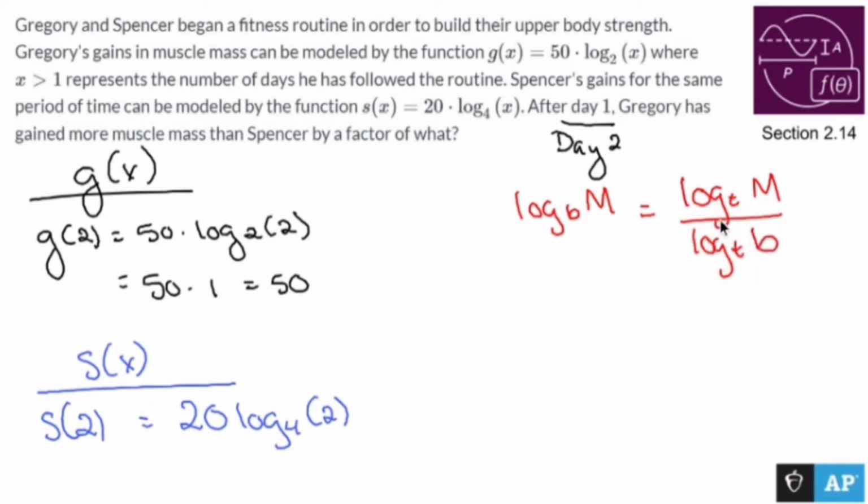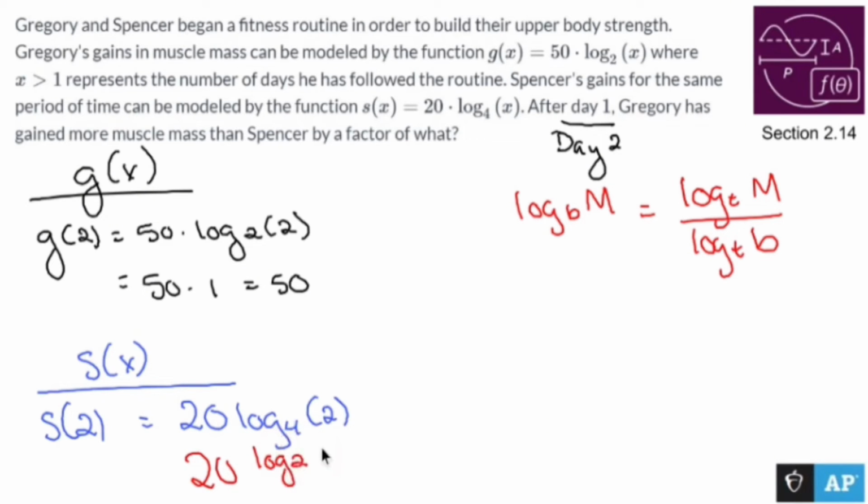Now, usually when we do this, we whip out our calculators and just do regular log and let our calculators do the work. I don't have a calculator. So in order for me to do log base 4 of 2, I'm going to be a little creative. I'm going to choose log base 2.